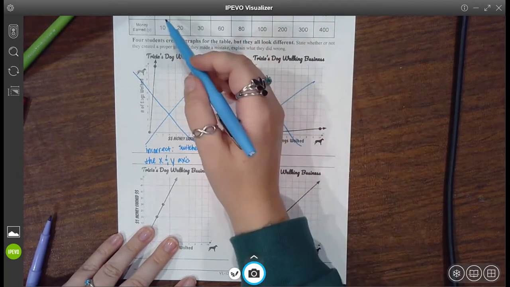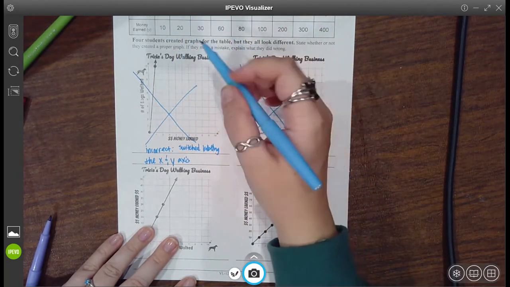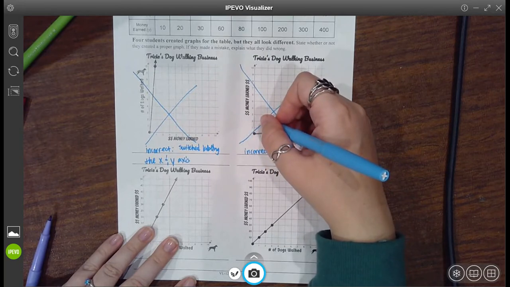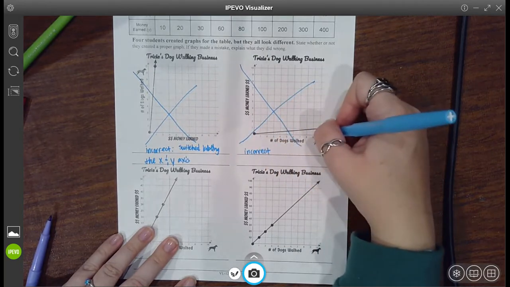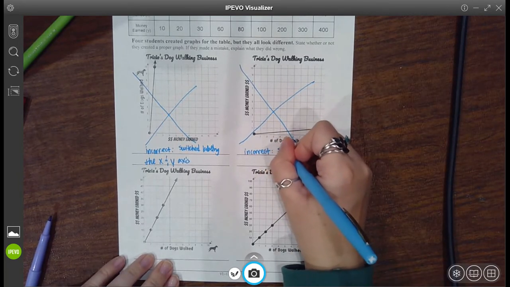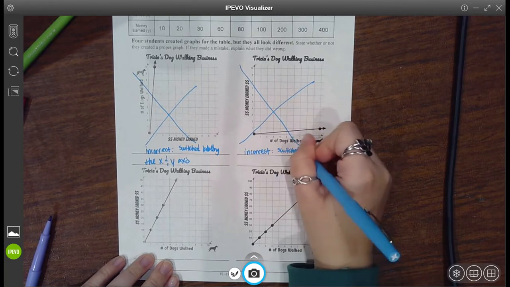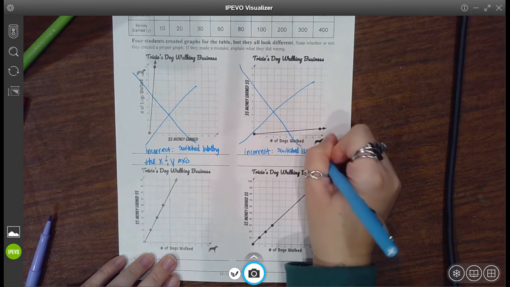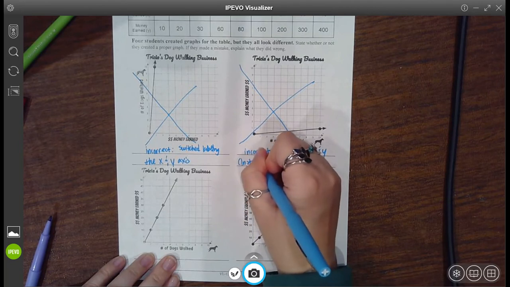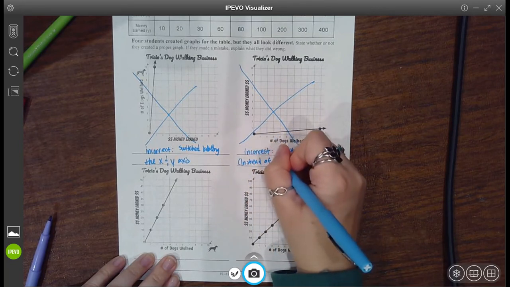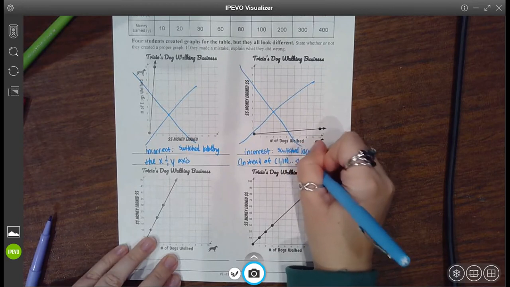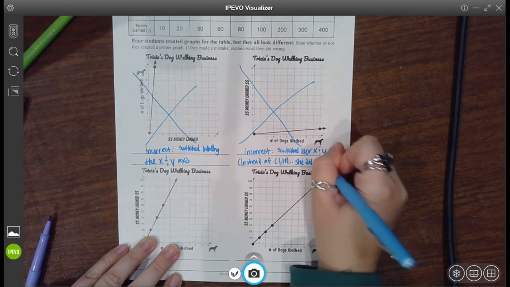I wonder if instead of over 1 up 10, did they do over 10 up 1? Yeah, they switched her X and Y. Instead of doing the actual point of 1 comma 10, she did 10 comma 1.